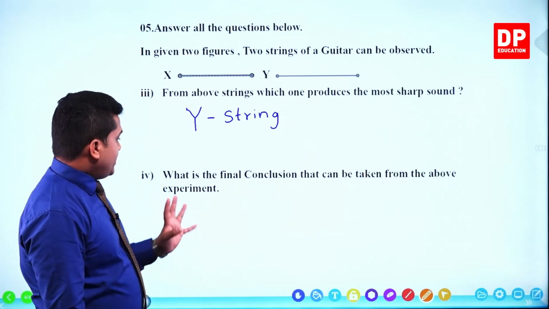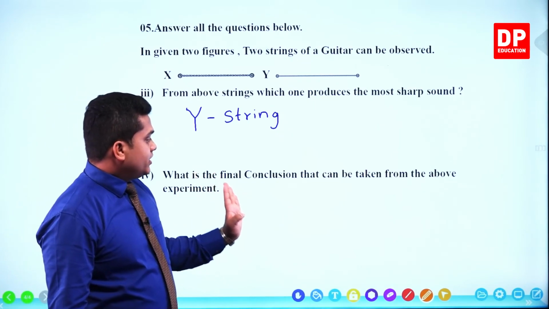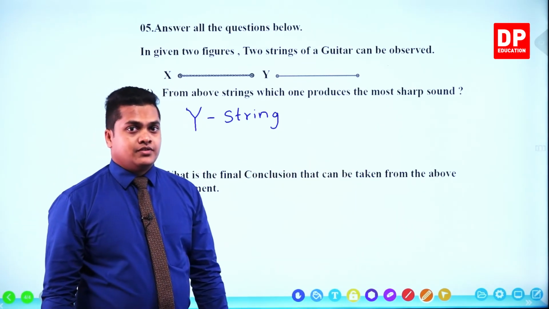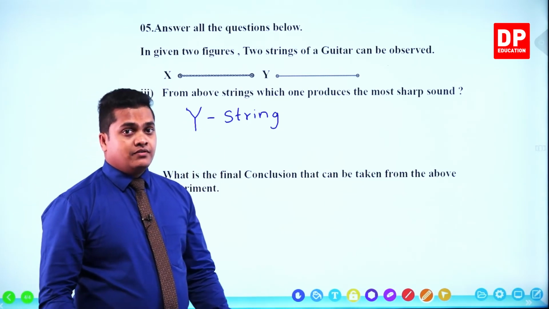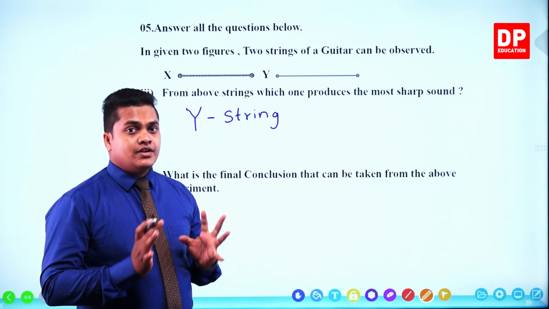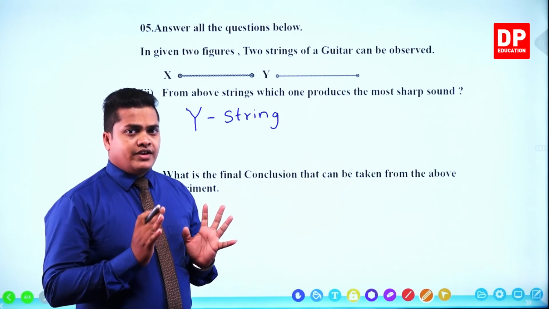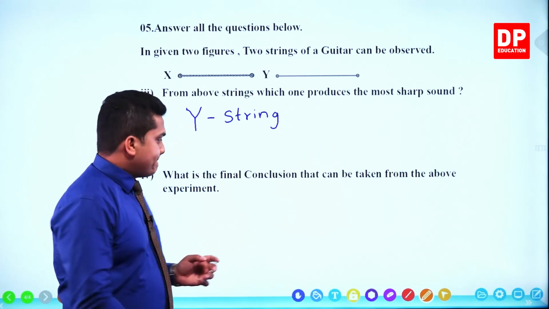Then finally you've been asked what is the final conclusion that can be taken from the above experiment. When we are playing two different strings in a guitar, what is the final conclusion that we can take?